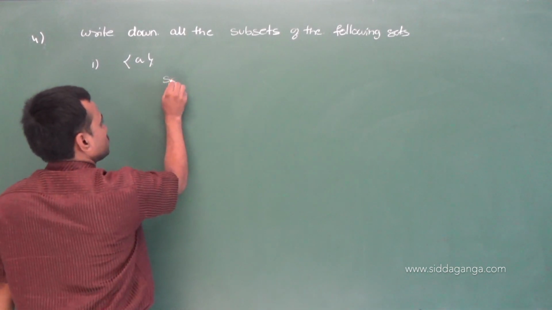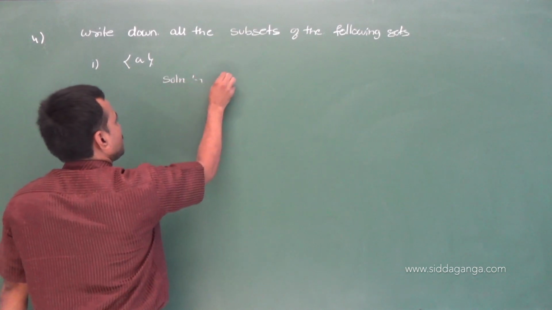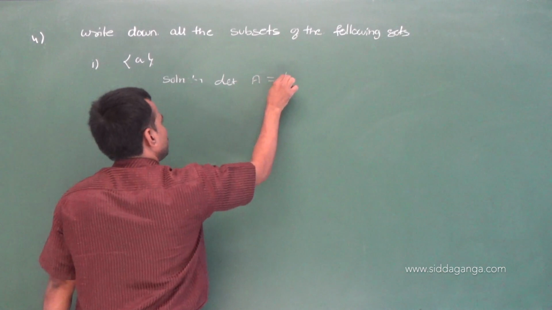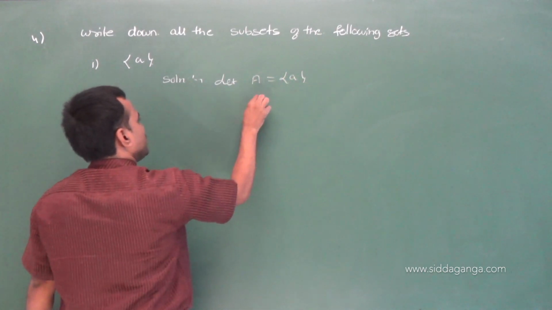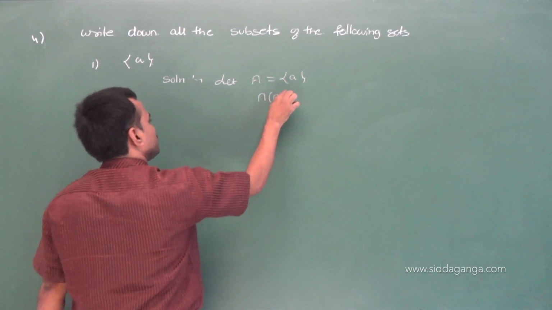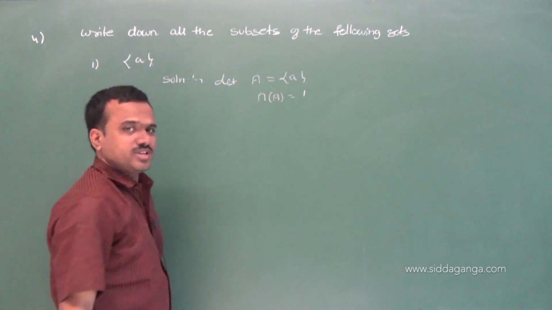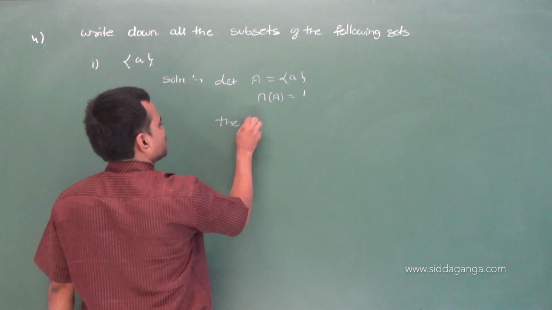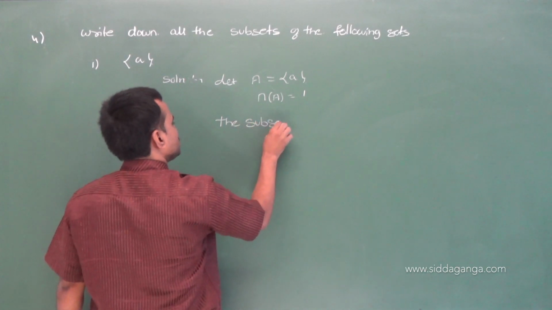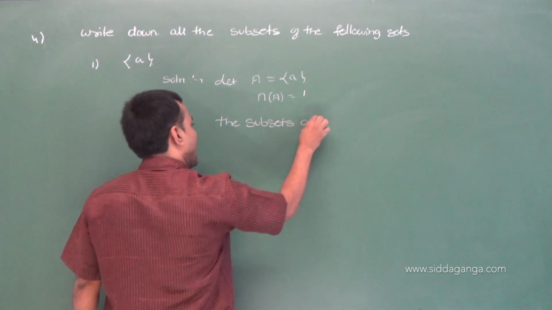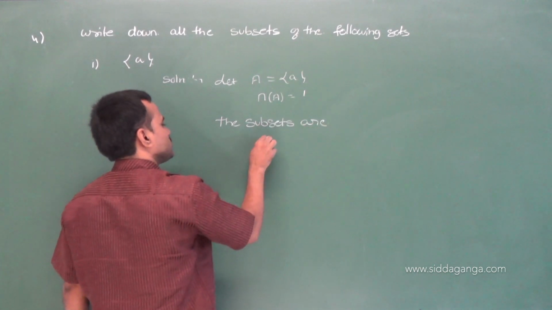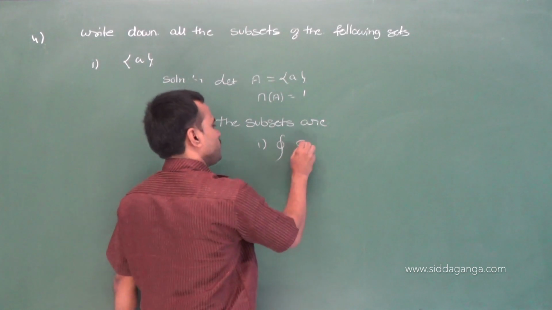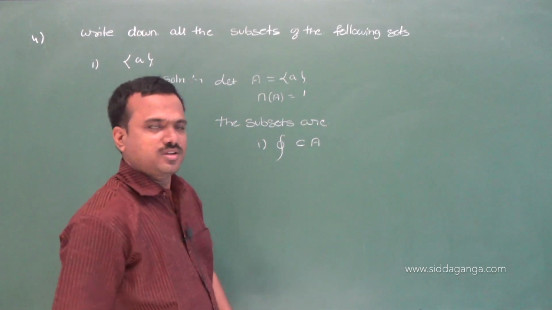So, solution. Let A is equal to {a}. n of A is equal to 1. Singleton set. So, the subsets are, first one is empty set is a subset of A, correct na?